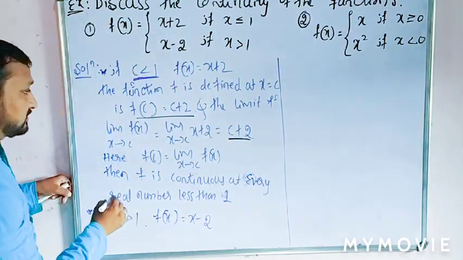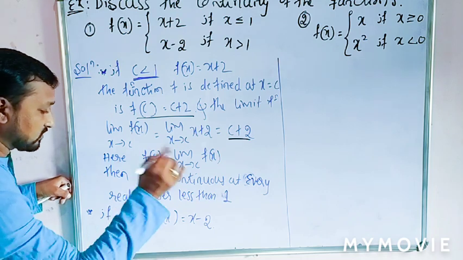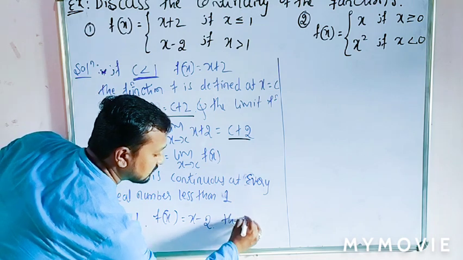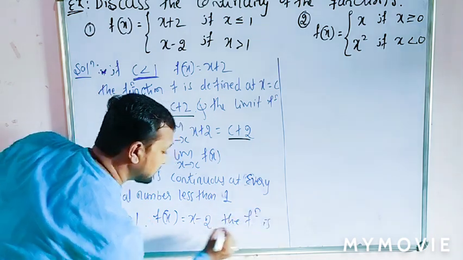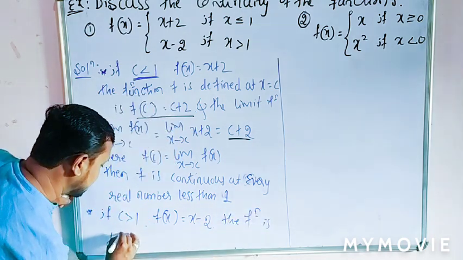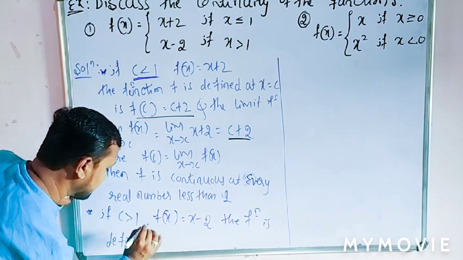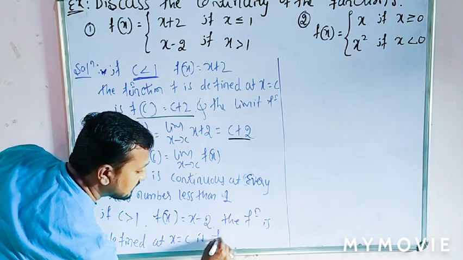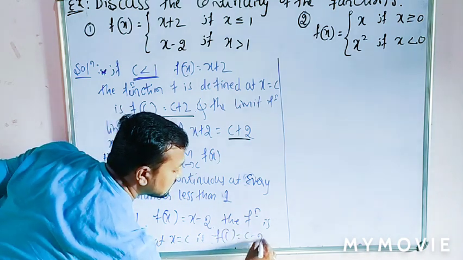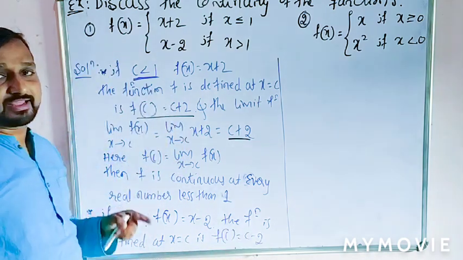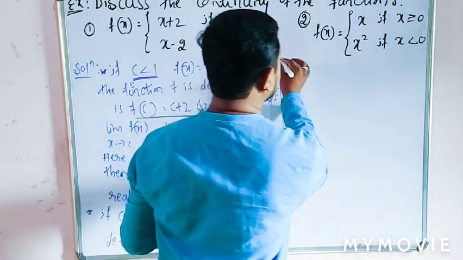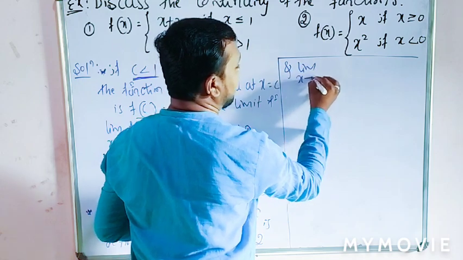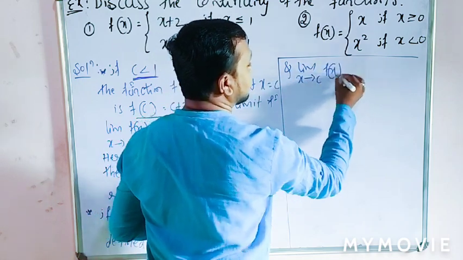First, the function is defined at x equal to C, and f of C is equal to C minus 2.